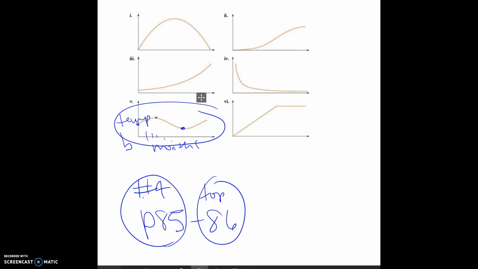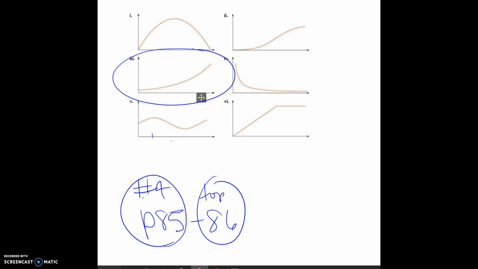Population of bacteria doubles every hour. All right, so that would be exponential because it starts out small. You might start out with 1, and then you double and get 2, then double and get 4, then 8, 16, 32, 64. So it gets big fast, but it starts out really slow. To me, that looks like this one right here. It starts out slow, but over time it's going to go up exponentially.